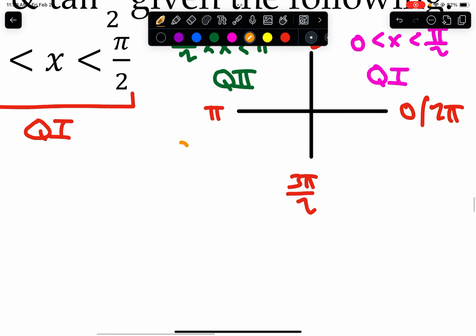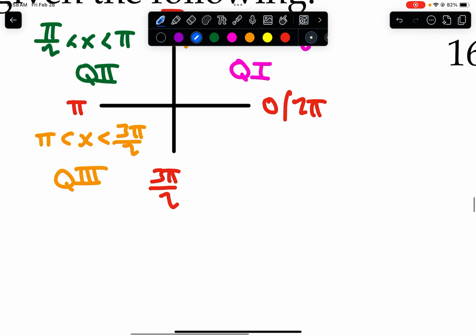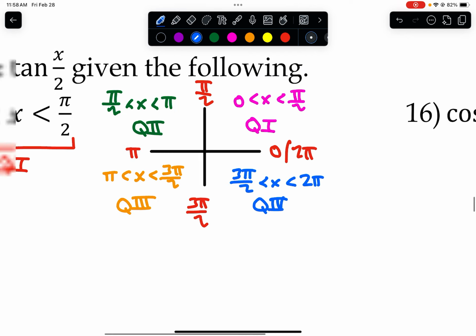If you're between pi and 3 pi over 2, that means you're working in quadrant 3. And if you are between 3 pi over 2 and 2 pi, that means you are working in quadrant 4. So keep that in mind.